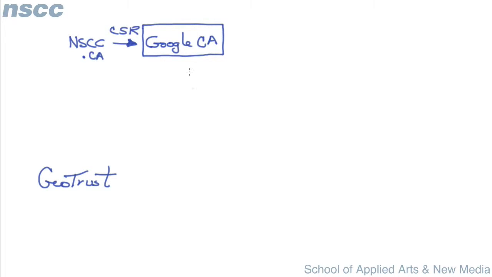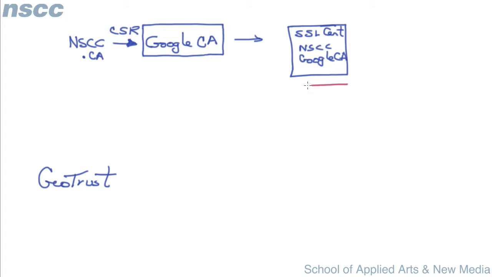So what Google CA does is issue an SSL certificate, and it will of course have information about NSCC there. It will list Google CA as being the intermediate CA, and of course all the certificate information.